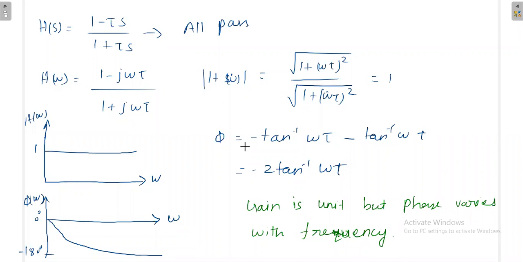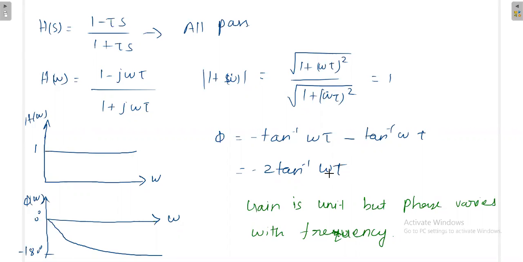Then what is the phase of the all pass filter? The phase phi is equal to minus tan inverse omega tau minus tan inverse omega tau, which is minus 2 tan inverse omega tau. When the omega tau value is very low, it will produce very little negative phase.